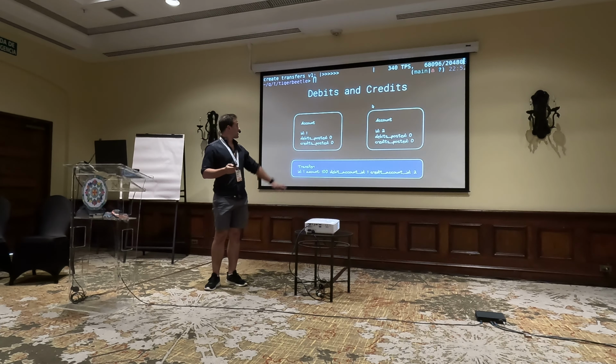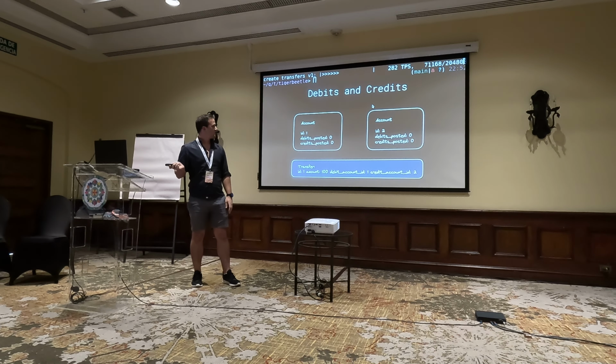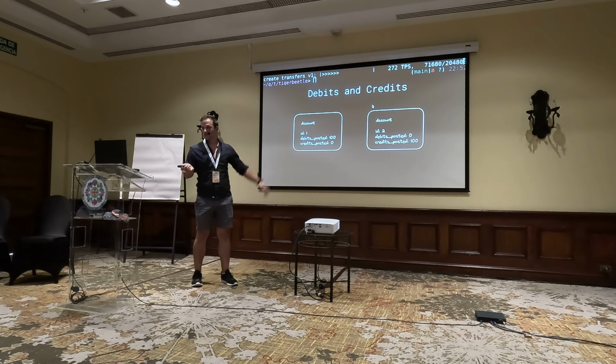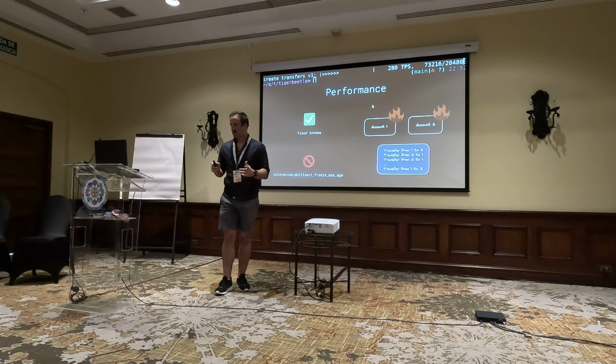So anyway, this was just a little diagram showing we have two accounts here, debits posted, credits posted. If we do a transfer between them, the end state ends up looking like that. Very simple.